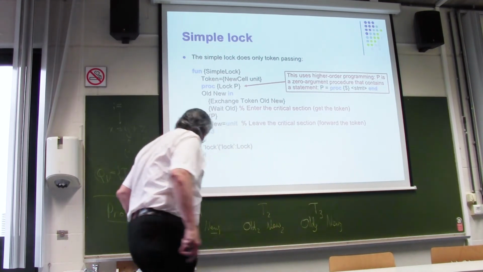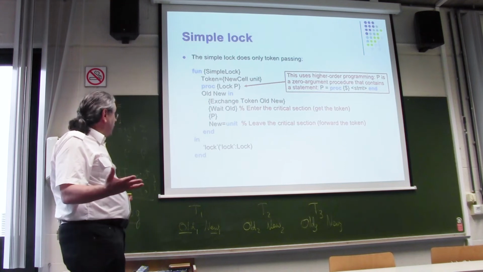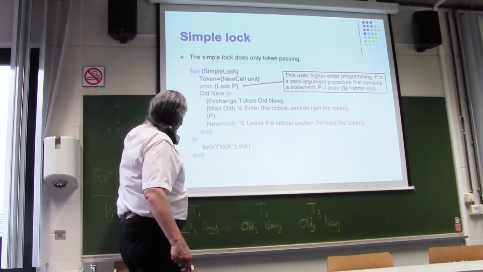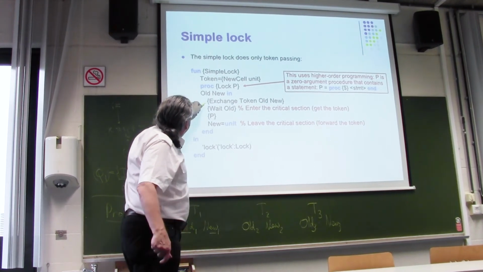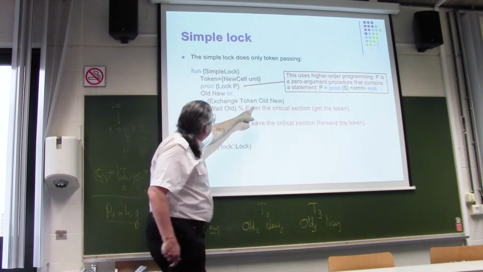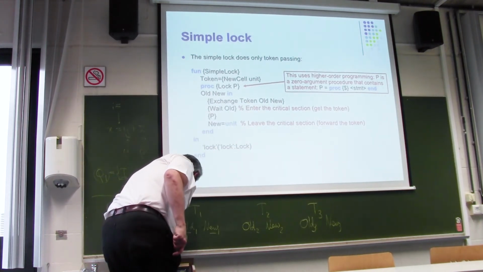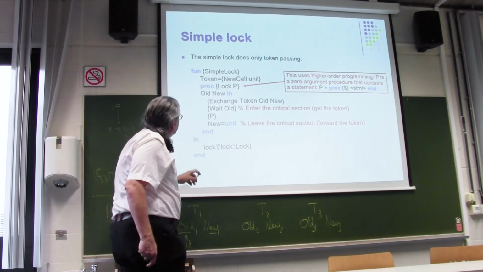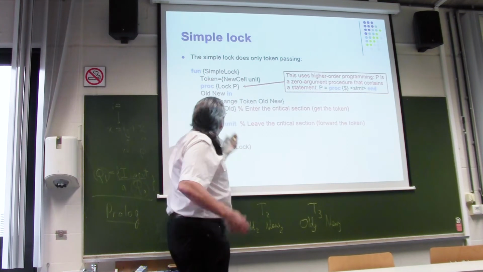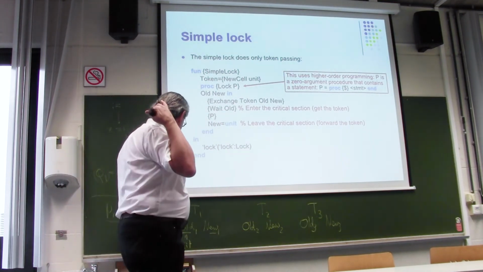These three threads are trying to get in the lock. We're assuming T1 is the first thread that tries to get in. Notice that old is actually the value of the cell token. So old 1 will be equal to unit, which is a constant. It could be anything, it could be 1, 2, 3. I say unit here because it's just a constant. I don't care what the value is.